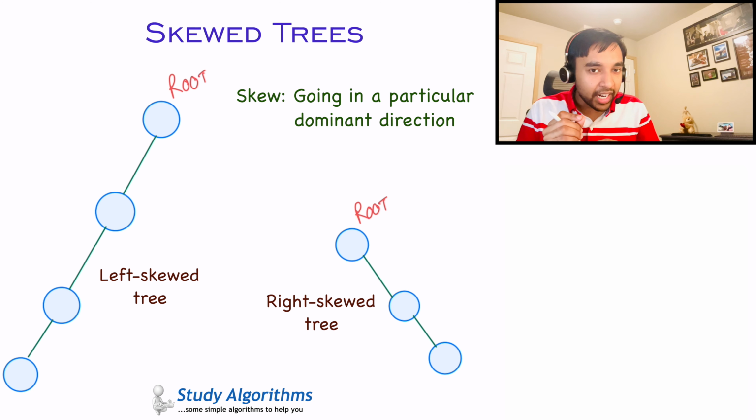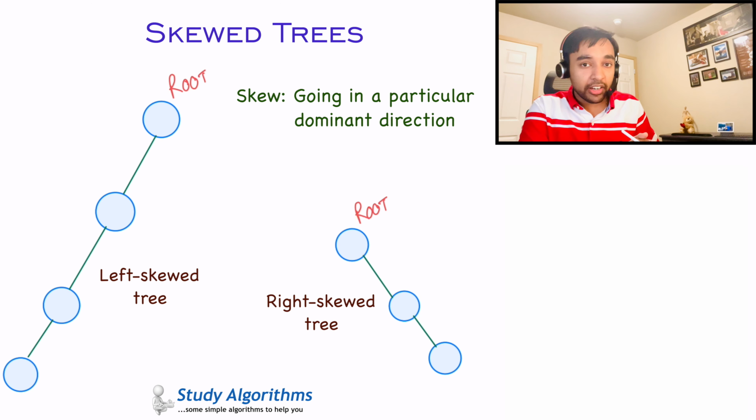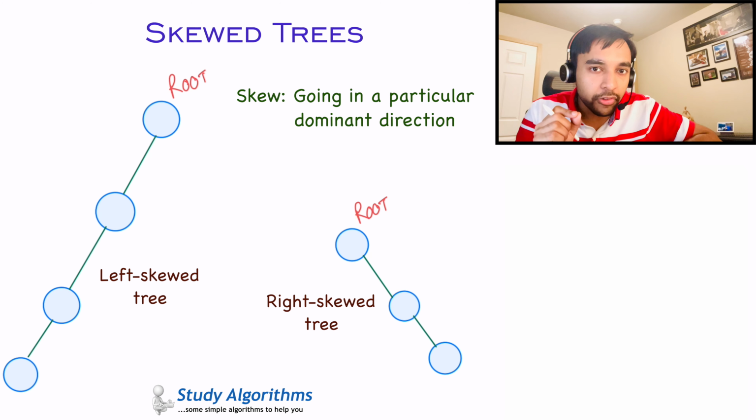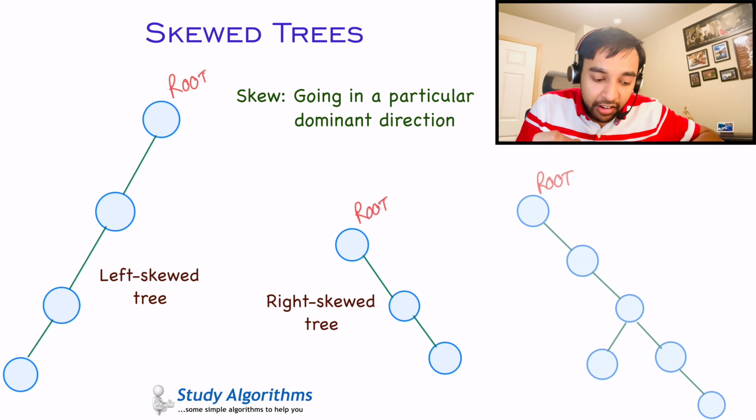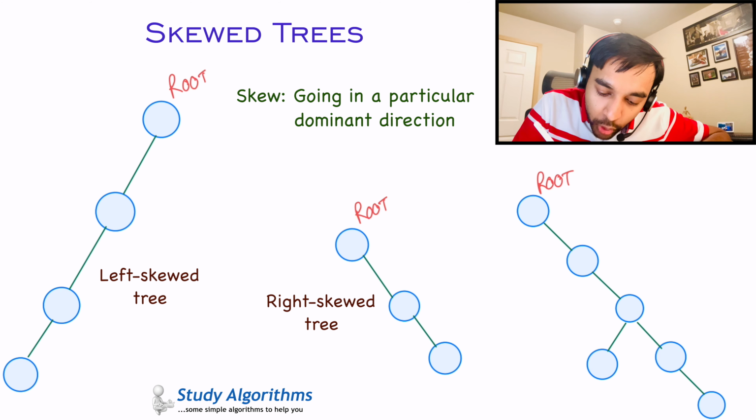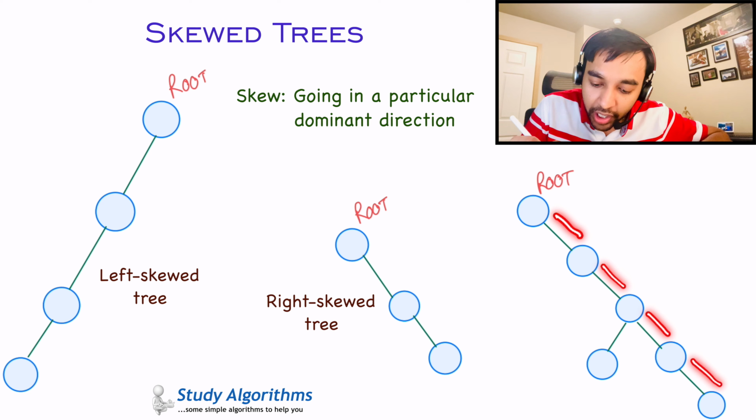Now, note that it is not necessary that in a skewed tree all of your nodes will be in the right or all of the nodes will be in the left. The only condition for a skewed tree is that your tree should be dominant in one of the directions. For example, in my last case, I can see that root has a right node, then again you go to right, then you go to right, and then you go to right.